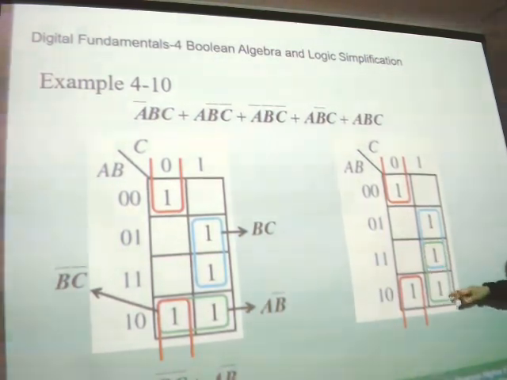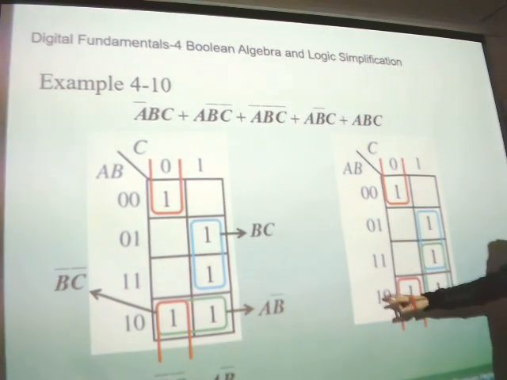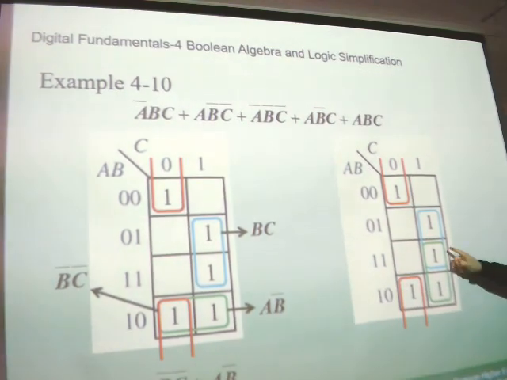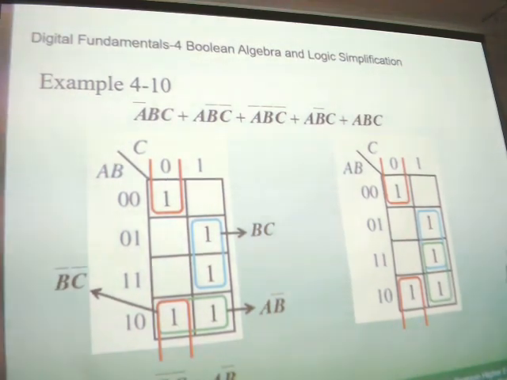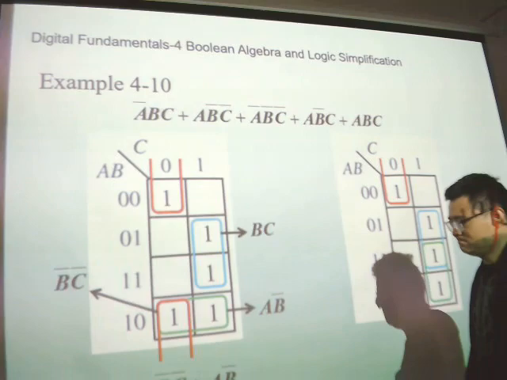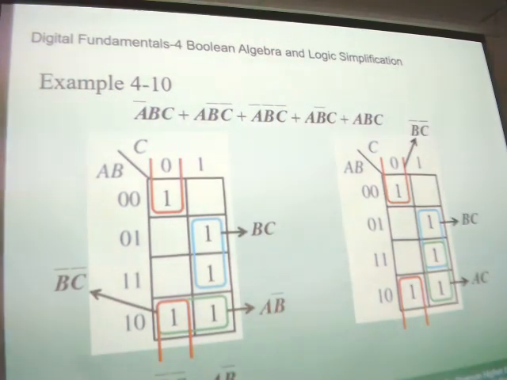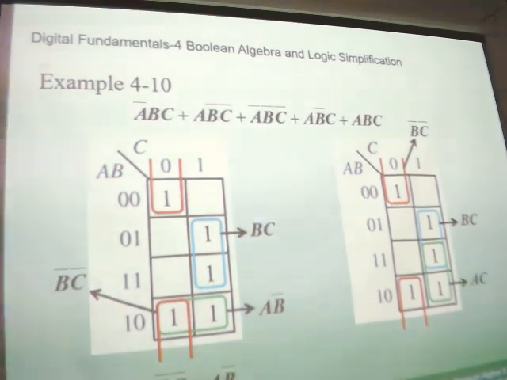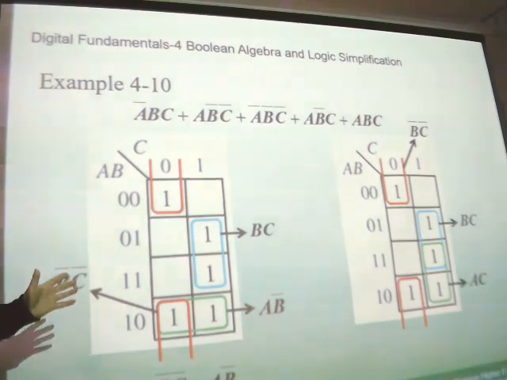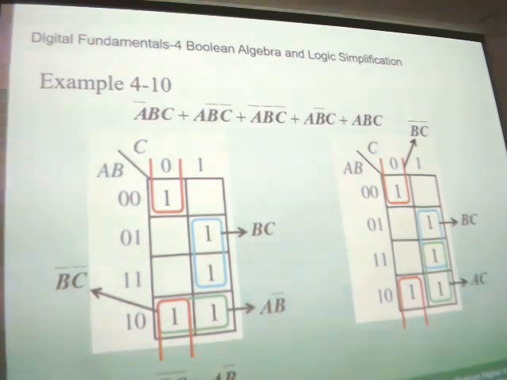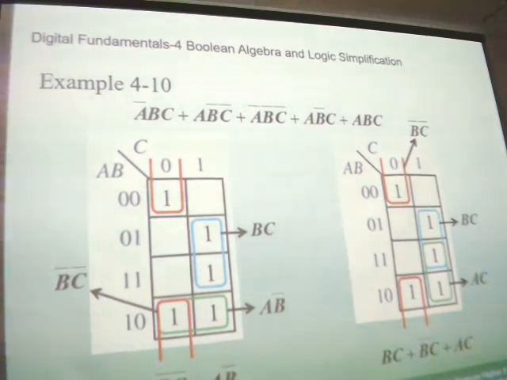But this green product term is AC, right? AC, not A B bar. So the second simplest SOP form is BC plus B bar, C bar plus AC.